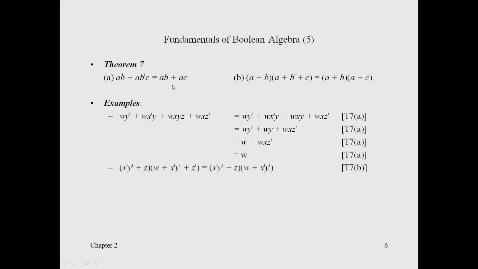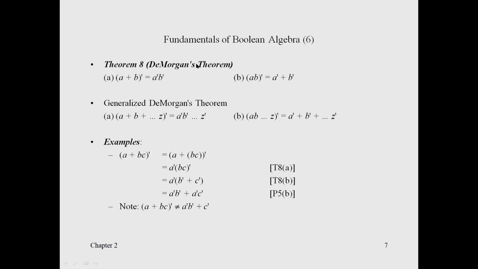This is theorem 7: A plus A bar B C is equal to A plus BC, and A plus B into A plus B bar plus C. Just terms are coming, this plus this into this plus this. So it will be A plus B, and you should keep in mind this complemented form should come in the middle to get the reduced expression.